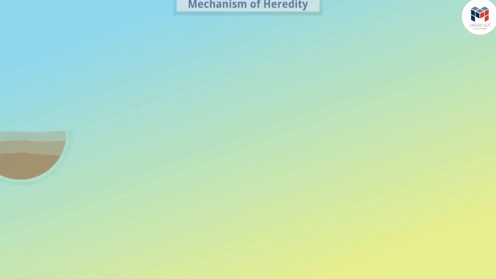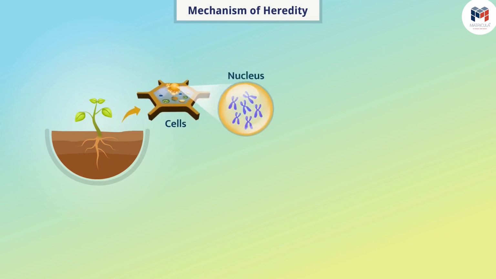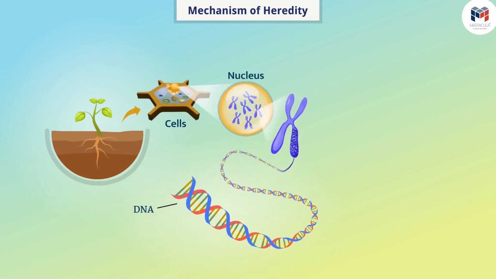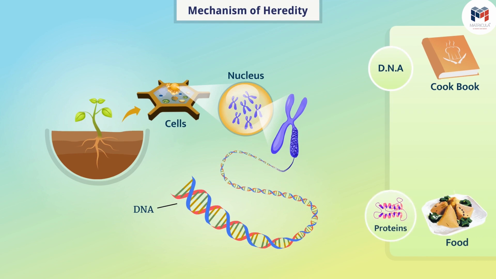Let us understand the mechanism of heredity. The body of an organism is made up of cells. The nucleus of cells consists of DNA. Just as a cookbook is a source of information for cooking, DNA in cells is a source of information for synthesizing proteins.